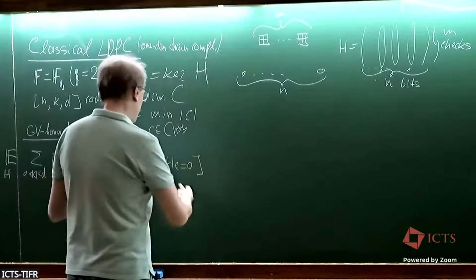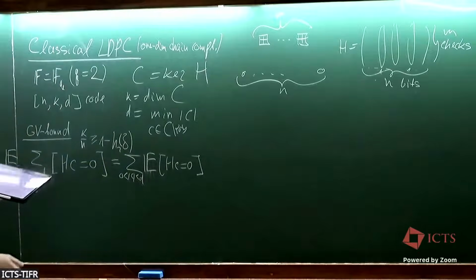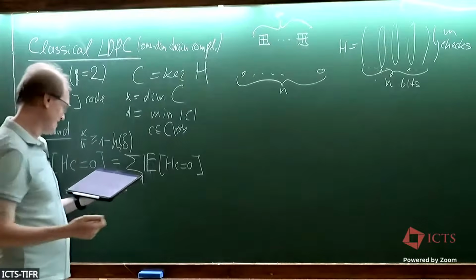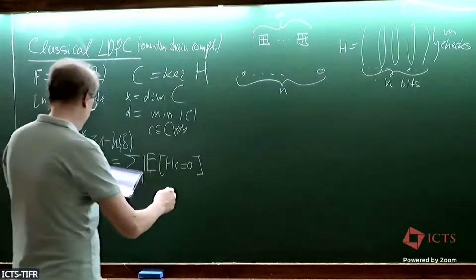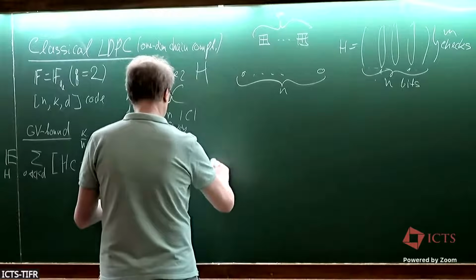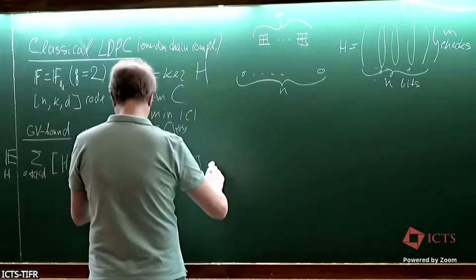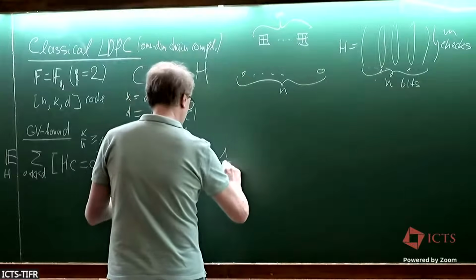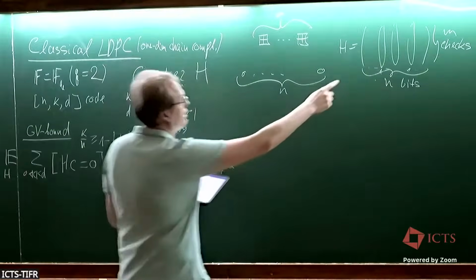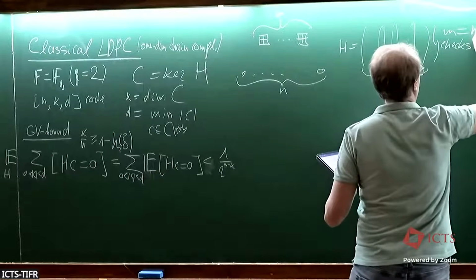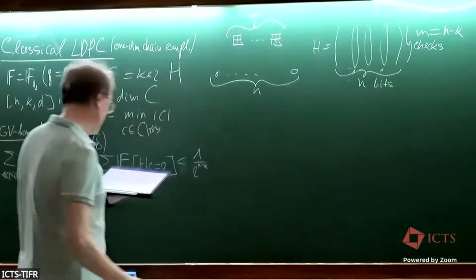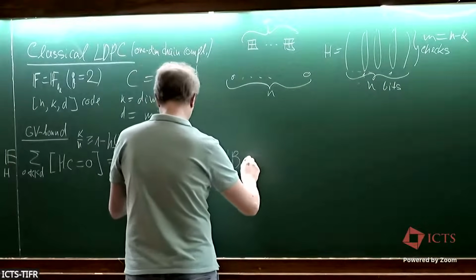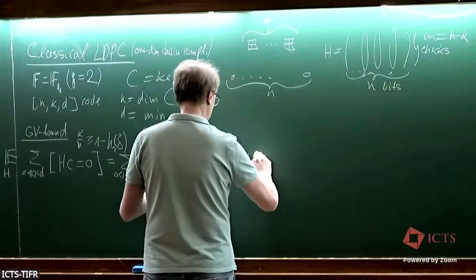And of course, this probability is equal to what? We can estimate this as 2 to the power minus (n minus k), where n minus k is the number of checks, times the size of the Hamming ball of radius d minus 1.